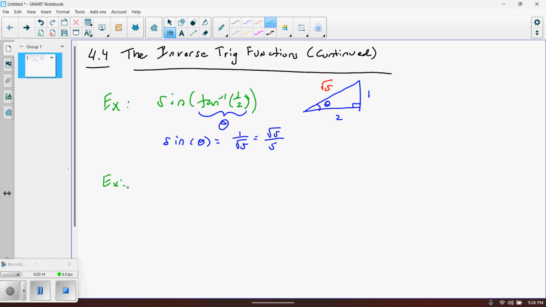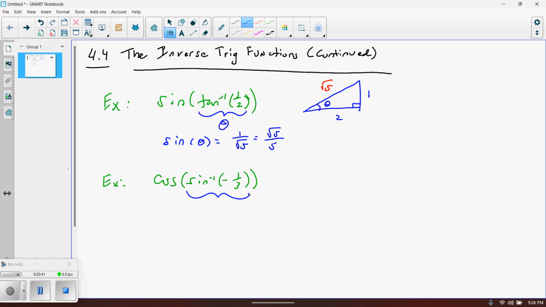Very, very similar. So let's find the cosine of the inverse sine of negative 1/3. Once again, this part right here is going to yield an angle. And again, we have to keep in mind that there are going to be some domain restrictions here.